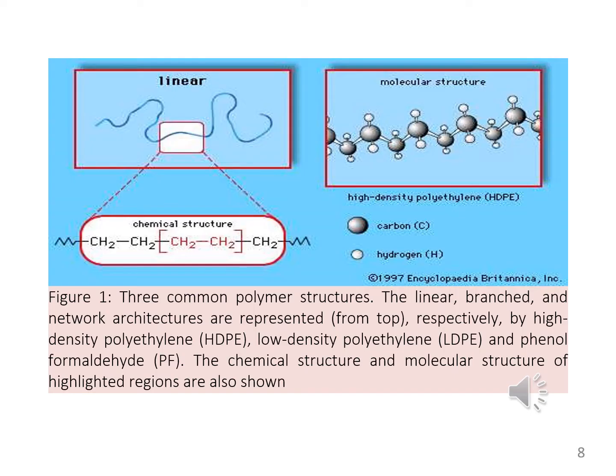In these figures, the common polymer structures are shown. So, you can see the polymer structures which are linear, branched, and network architectures. These three common polymer structures are represented from top respectively by high density polyethylene, low density polyethylene, and phenol formaldehyde.